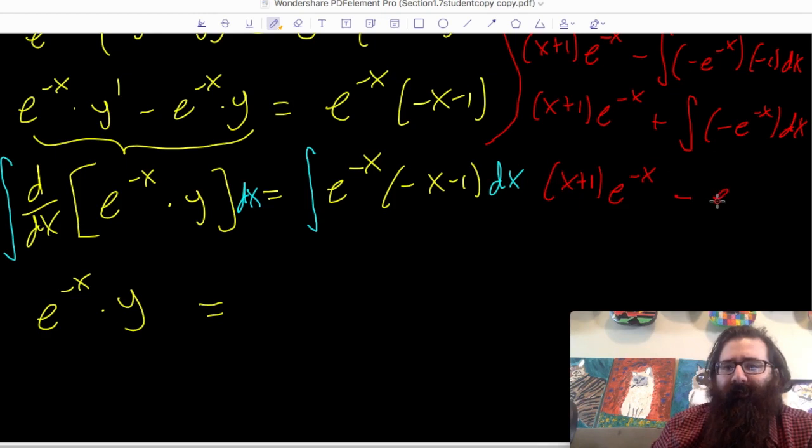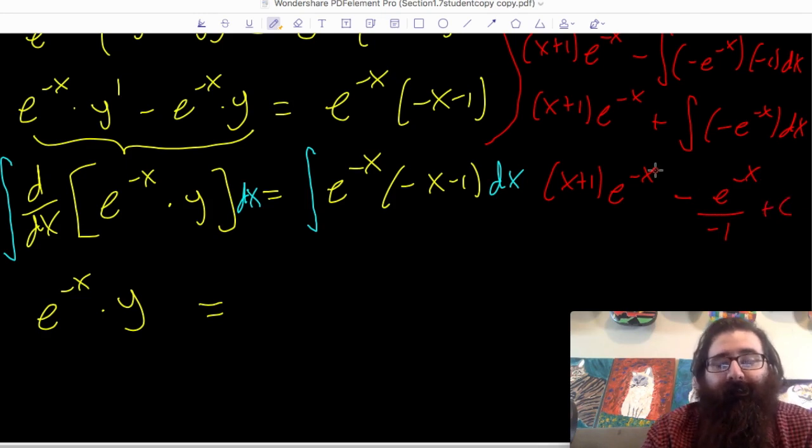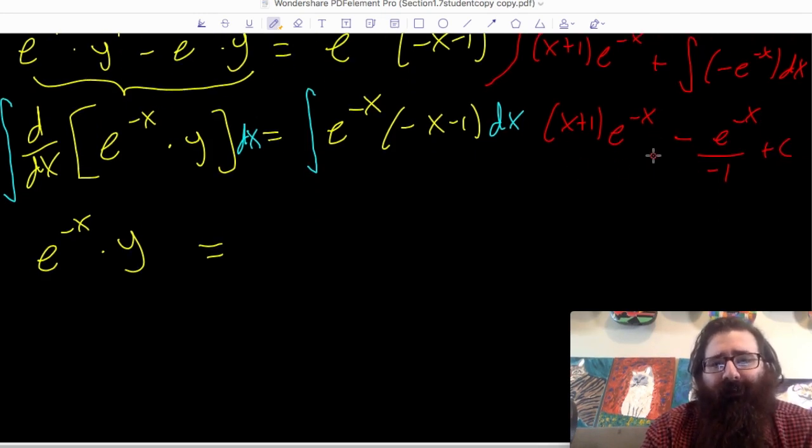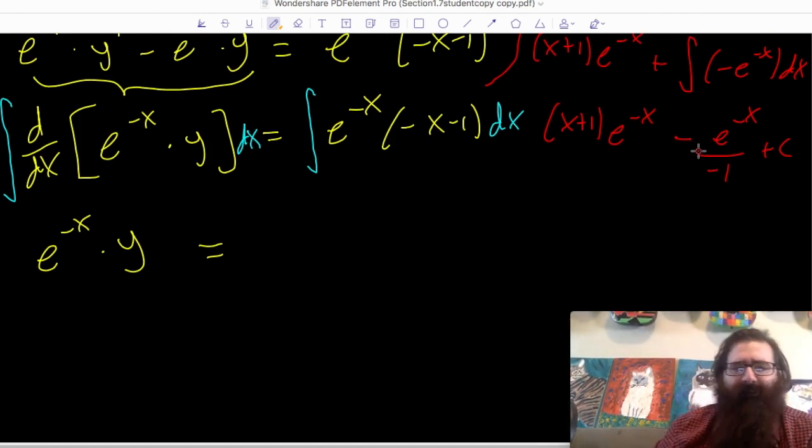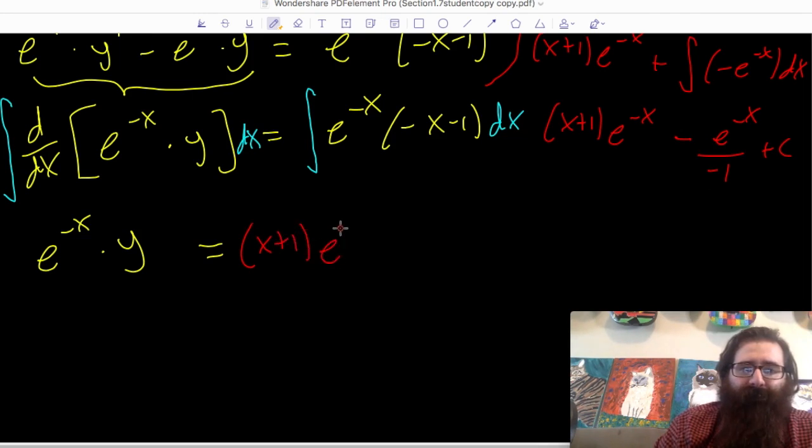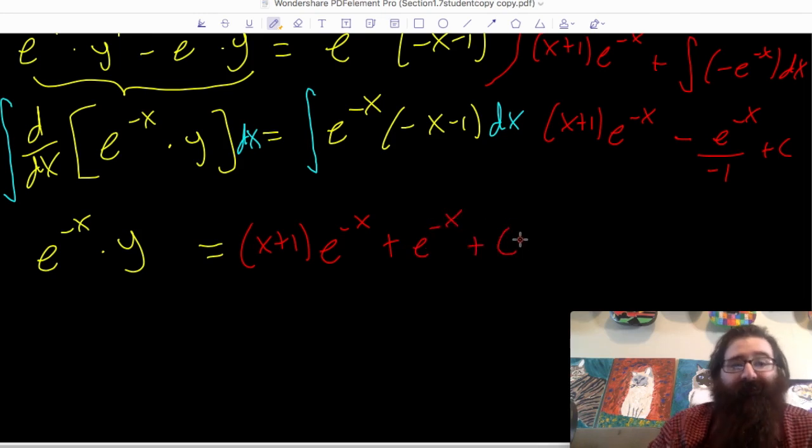Integrating e to the minus x, thinking of it as a substitution, gives me e to the minus x divided by -1, and then plus my constant c. So then here we have the antiderivative. I just want to clean up this double minus sign. So we have x plus 1 times e to the power of minus x, minus a negative is plus e to the minus x, and then plus c.